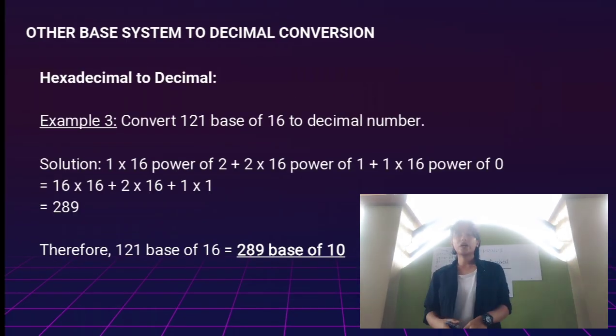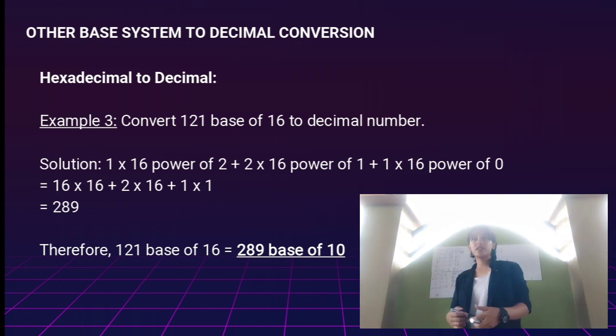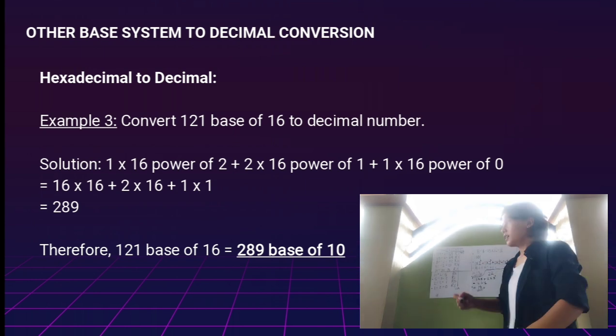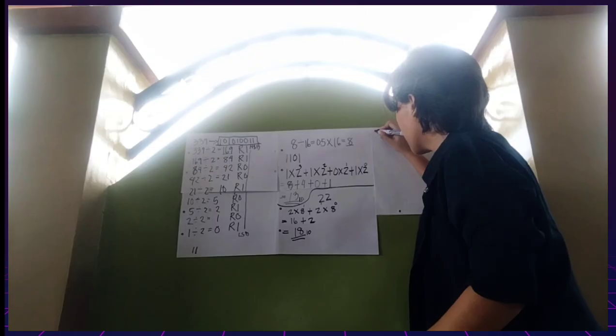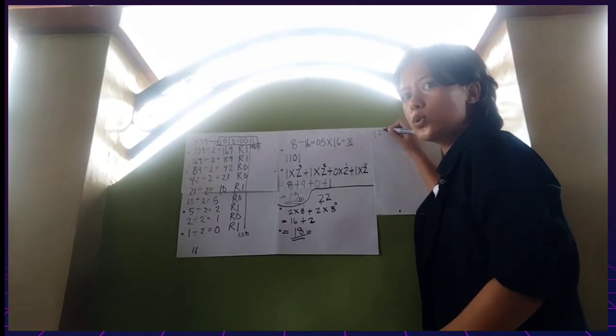And let's proceed to our last topic, which is hexadecimal to decimal. So let's understand better with the given example, which is to convert 121 with a base of 16 to decimal number. So again, we have the given number 1, 2, 1.